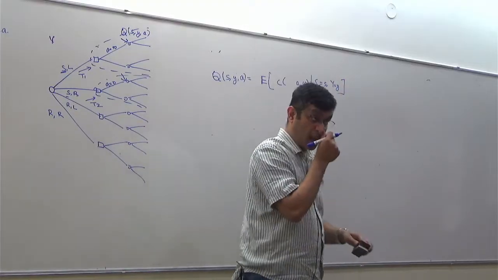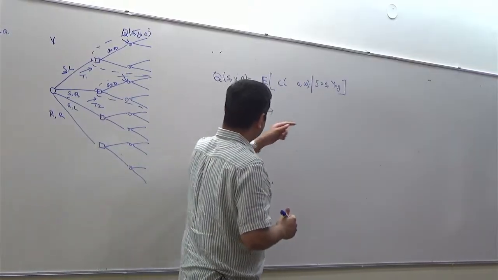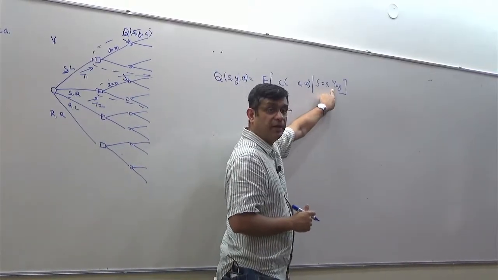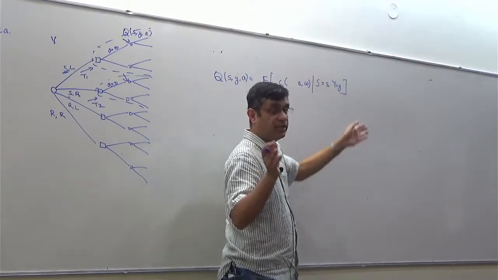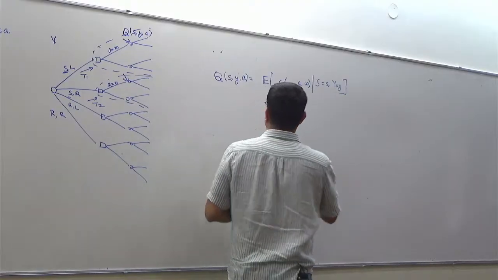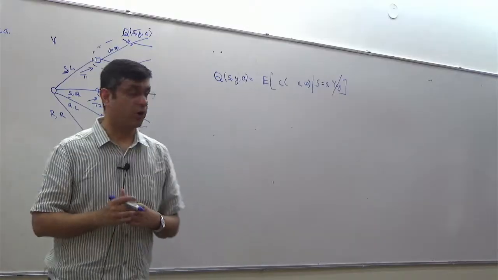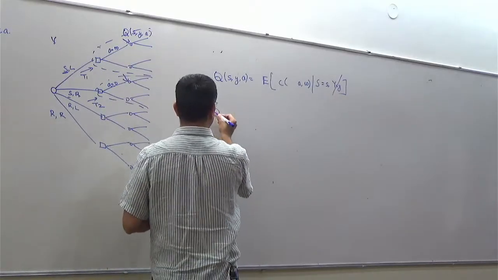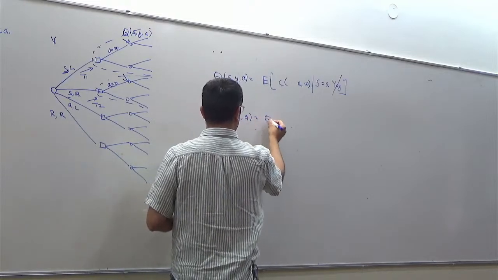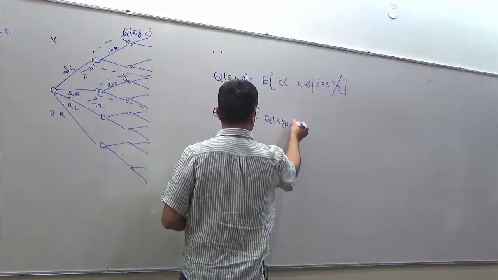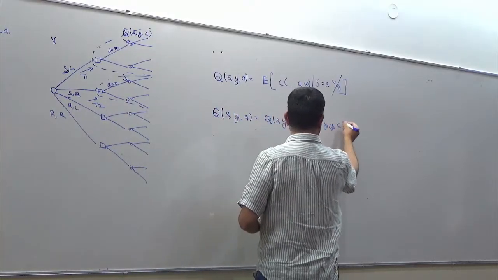Okay? And the claim is that if Y is completely independent of S and W, I just have some completely garbage information, this expectation is not going to depend on Y. So if I take any two values, Q of S, Y1 and A is going to be equal to Q of S, Y2 and A for any Y1 and Y2 which belongs to this set Y.